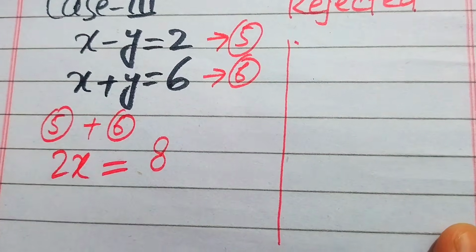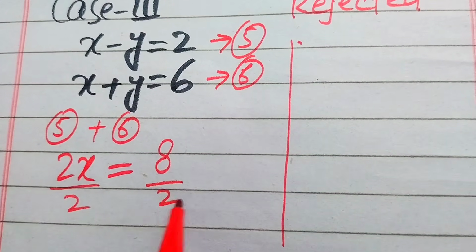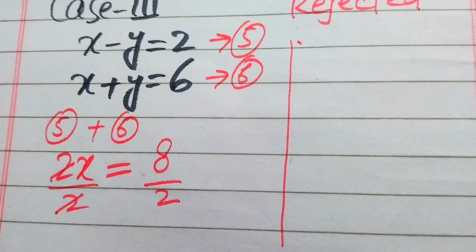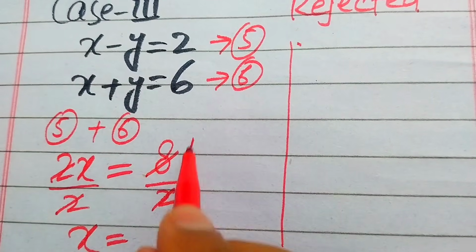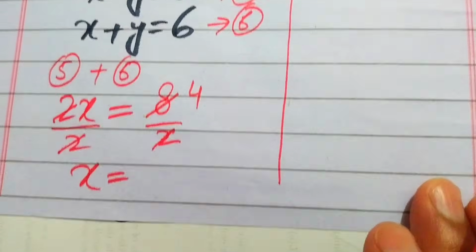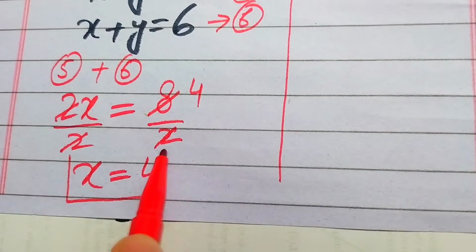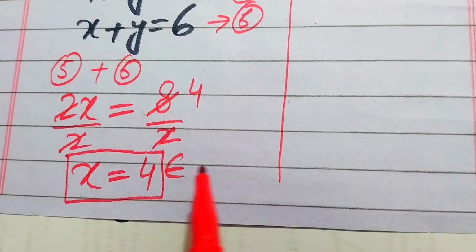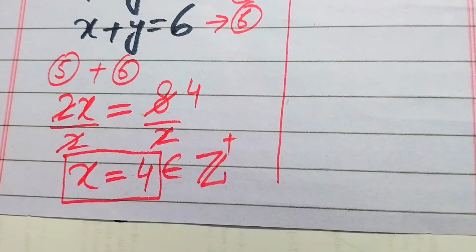And now for the value of x, we divide both sides by 2, and this 2 and this 2 cancel out each other, and we get x equals 8 divided by 2, which is 4. So you see that we get the value of x equals 4, and we clearly see that this 4 belongs to the positive integers.